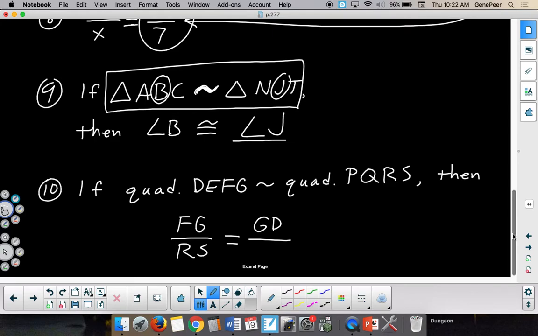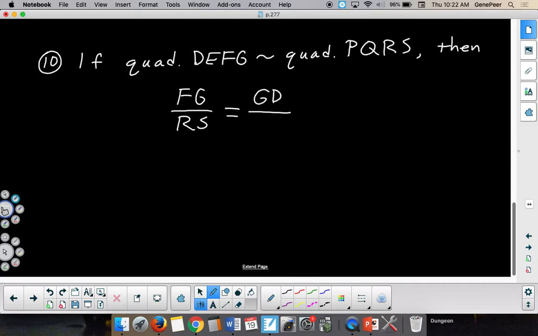Number 10. Number 10, again, no diagram, and that's okay. If quadrilateral DEFG is similar to quadrilateral PQRS, again, corresponding parts match up, then FG over RS must be equal to GD over something.